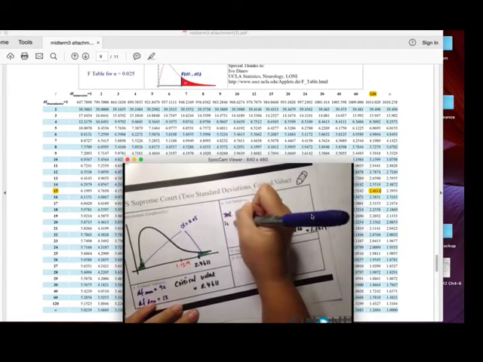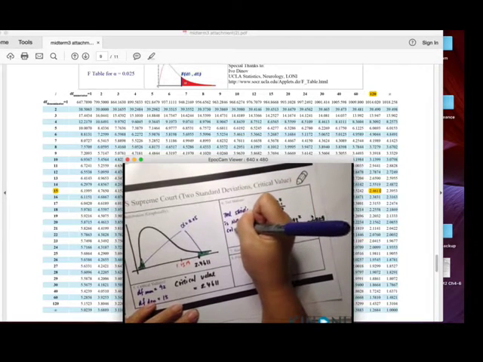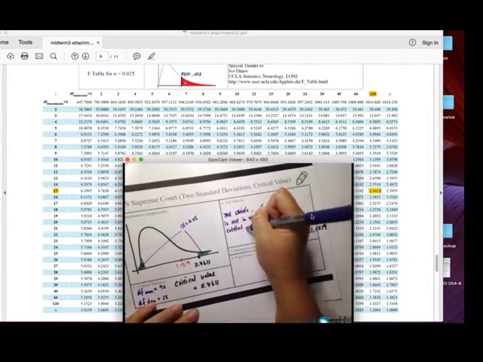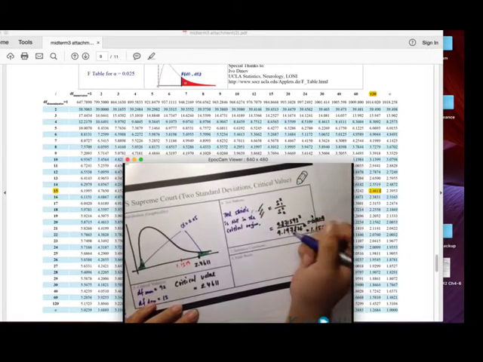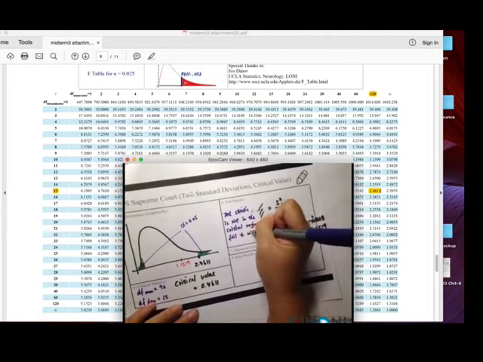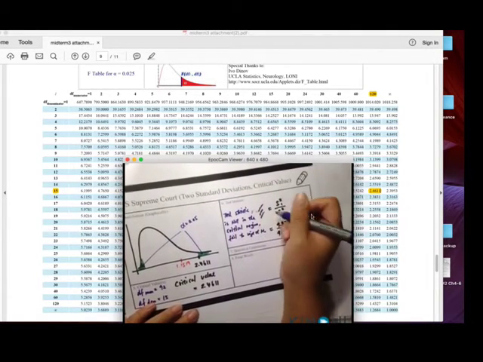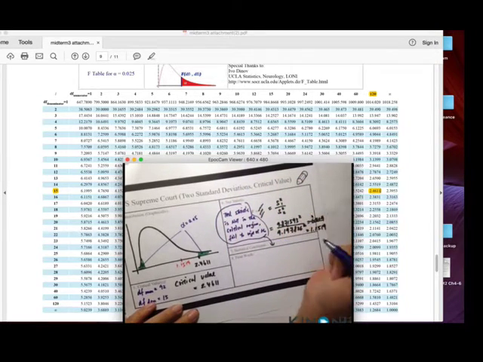Test statistic is not in the critical region, so we fail to reject H0. This one should be like here.